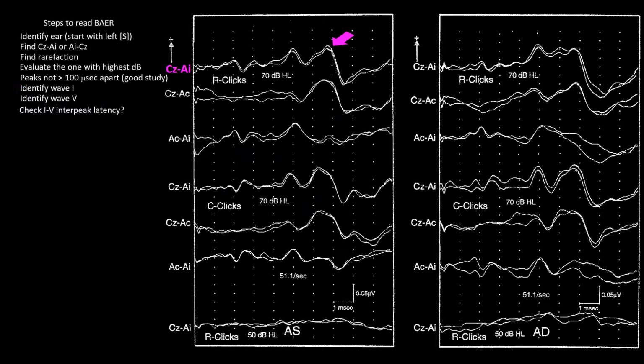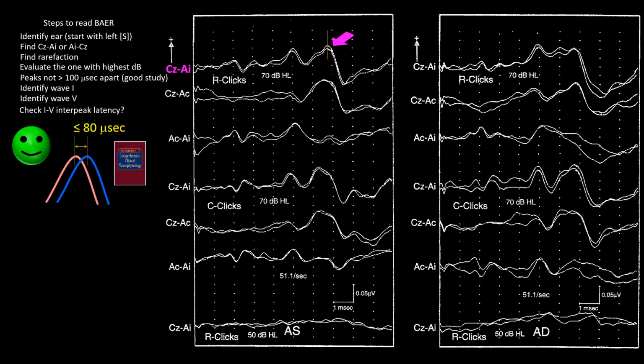Here I am looking at two prominent peaks. I have traced a line through the peaks of both averages to better gauge the distance between them. In Levin and Luther's book, the acceptable distance between two averages is 80 microseconds or less.